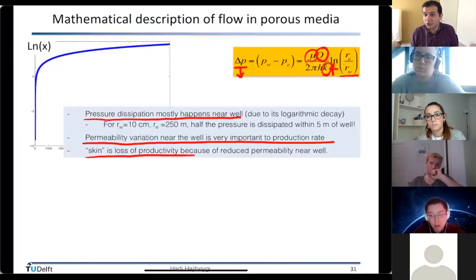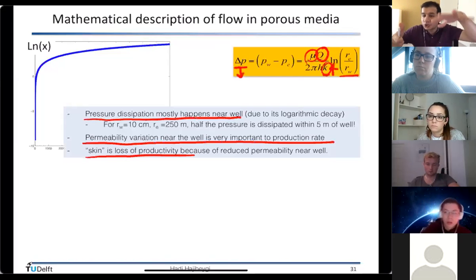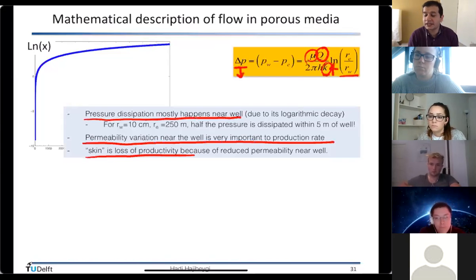That's the whole science here. If K is extremely high, you need a smaller pressure drop to cause the same flow rate Q. That's why permeability near the well is extremely important. And especially if K is small, then we are in trouble. You need a lot of pressure drop in order to maintain productivity.